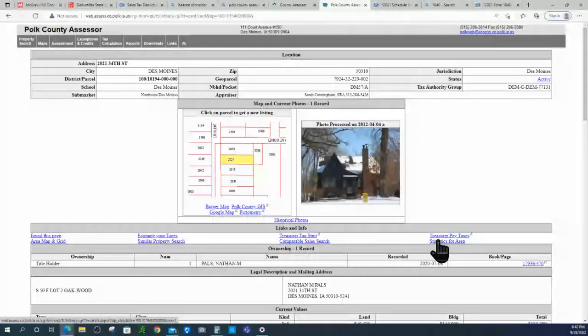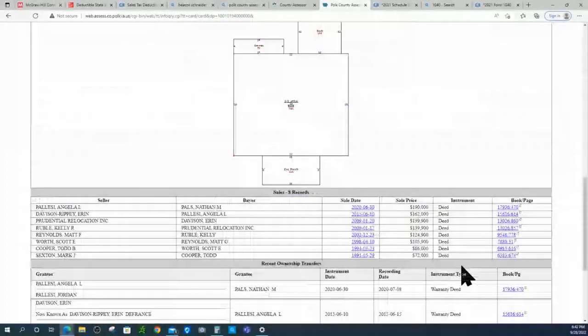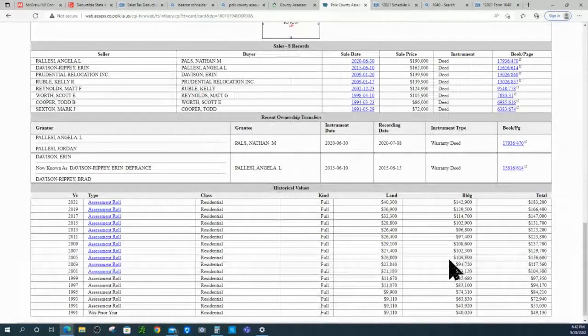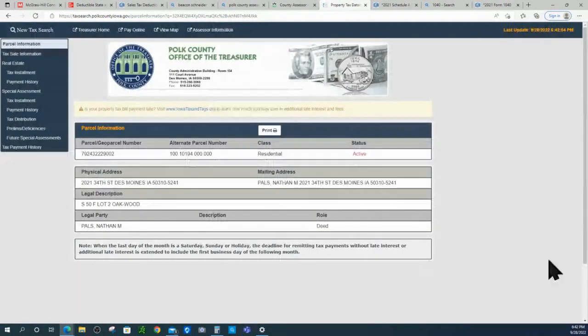I think you can look up, see, this one's not as user-friendly as the other one, because you've got to actually search for how much was paid in taxes. I think we can look at the tax statement. Here we go. Payment history.